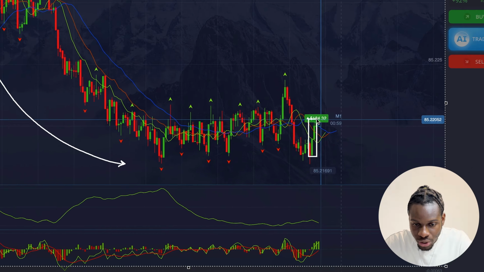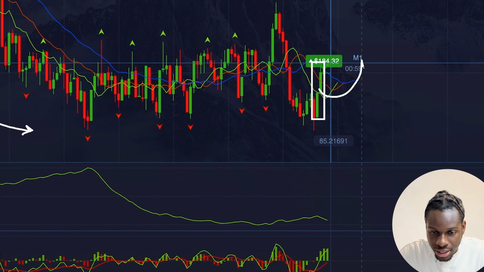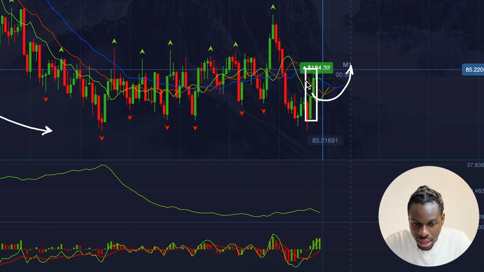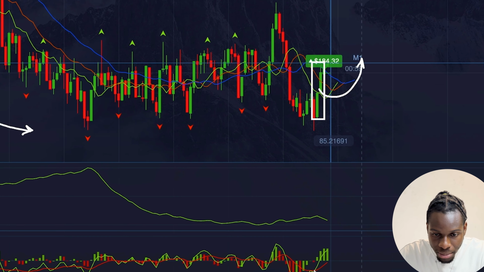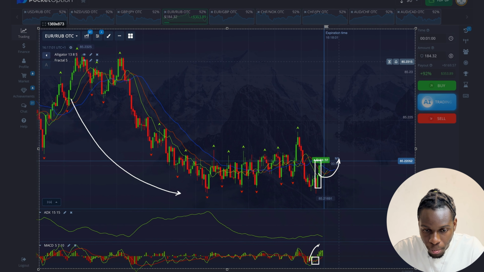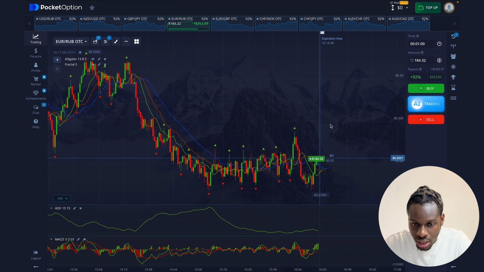After that, we also see a cross over the alligator moving lines from bottom to top. This is a very strong confirmation of our bias. Checking the MACD, we can see a cross as well from down to top, and also a change in color of the volume. So with all this paired together, we took our buy trade.